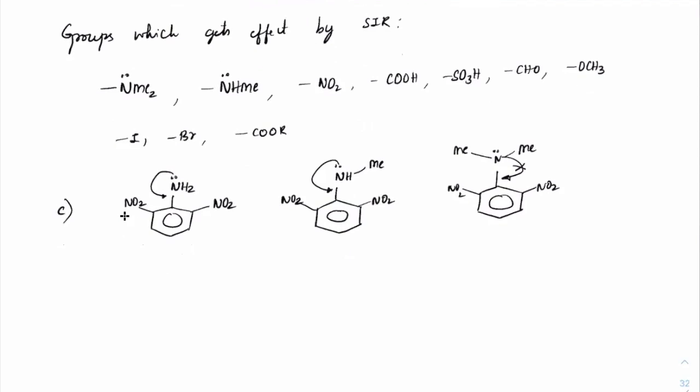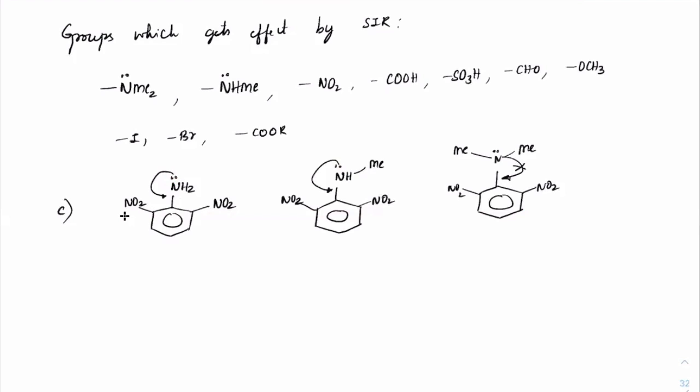Got it? So if you were asked what is the basic nature of this NH2? If the lone pair is localized, it will act more basic. If the lone pair is more delocalized, it will act less basic. Okay.